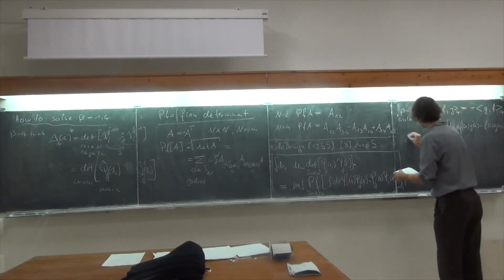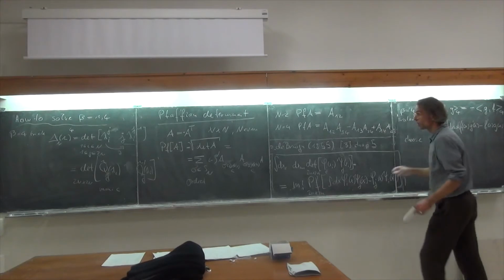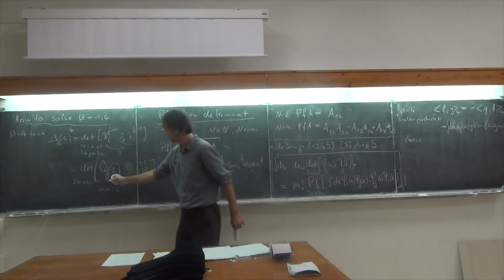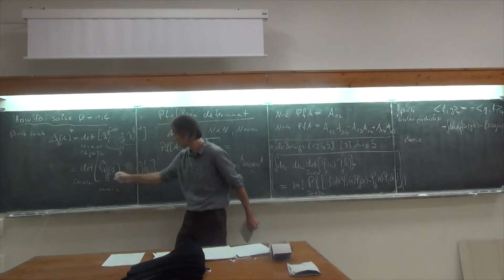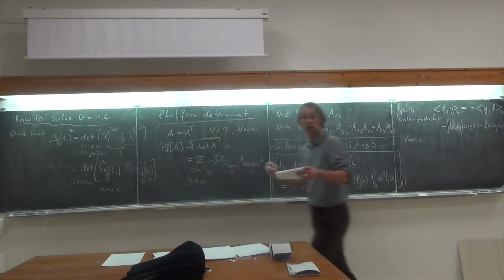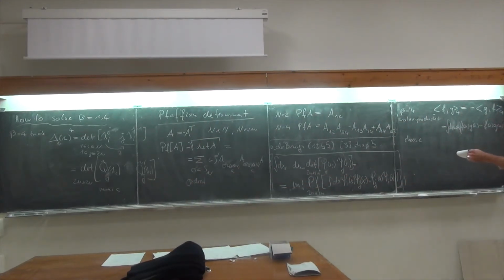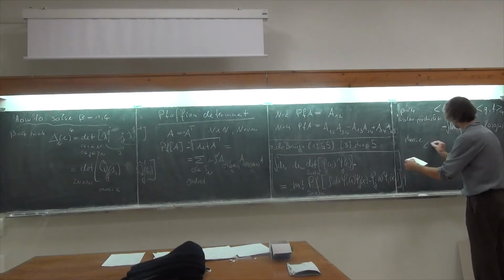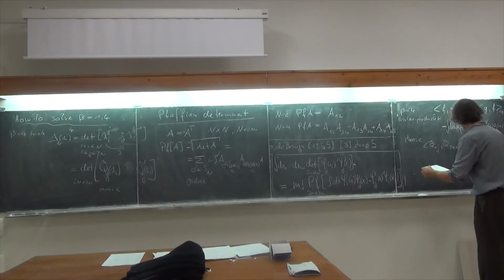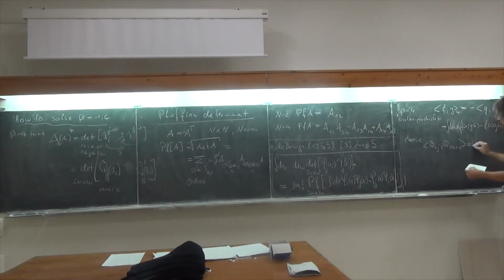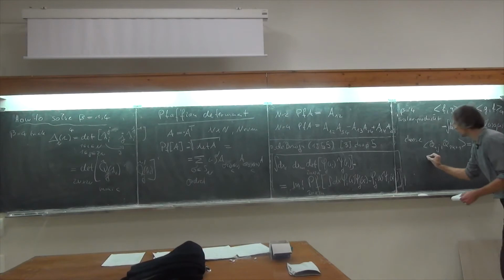So choose the polynomials that were arbitrary here. We choose q tilde 2j and q tilde 2k plus 1 to give h_j delta_kj. Of course, this is antisymmetric, and then we choose the rest to be 0.